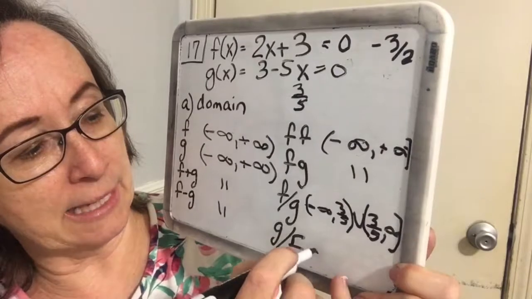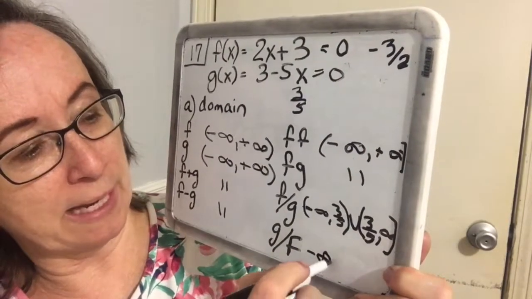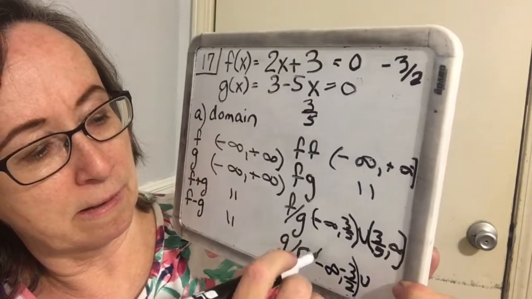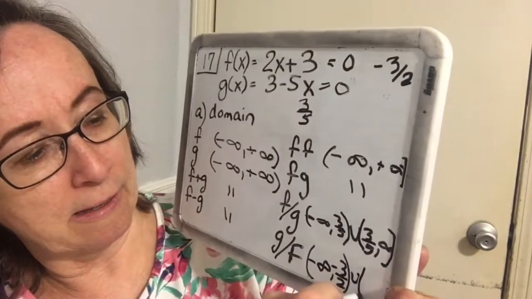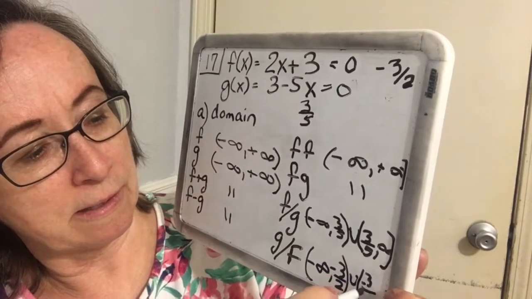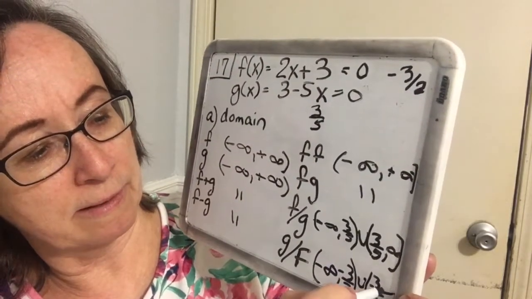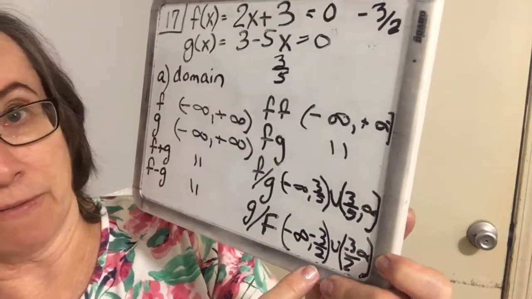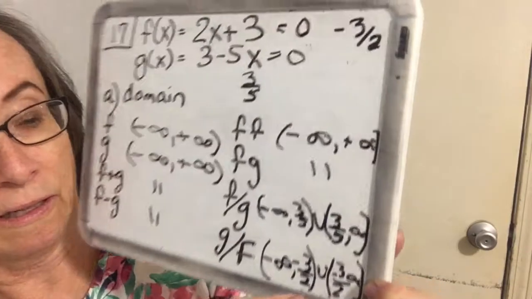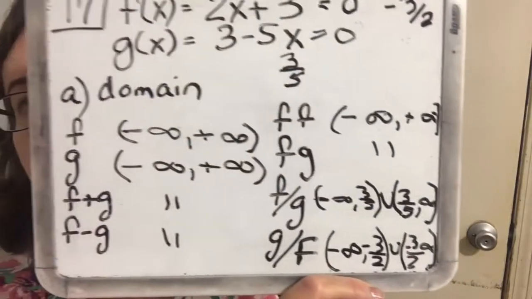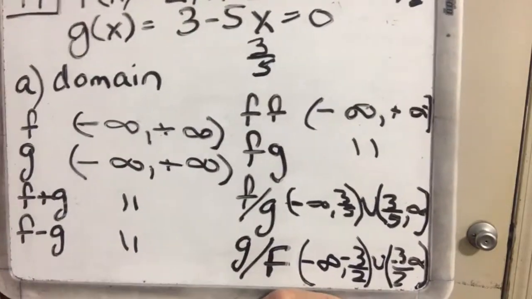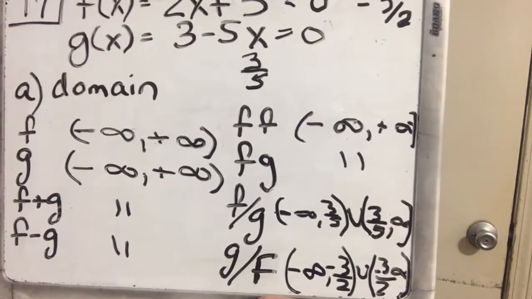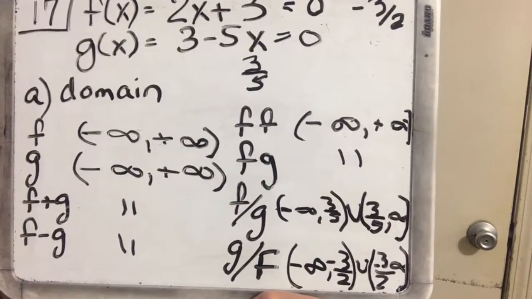So we will have negative infinity to negative 3/2 union negative 3/2 to positive infinity. So we're only taking out the one value that will make the denominator go to 0.